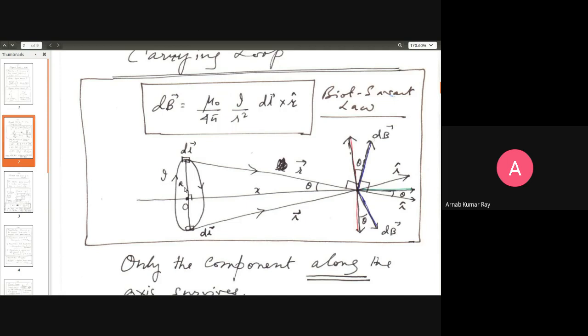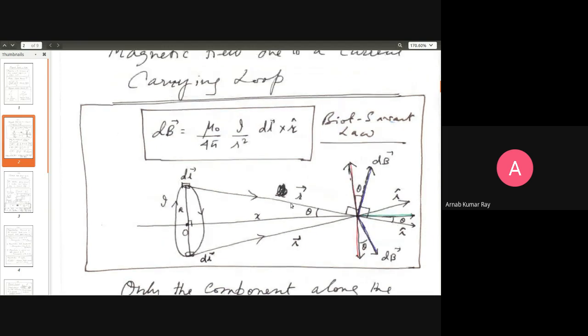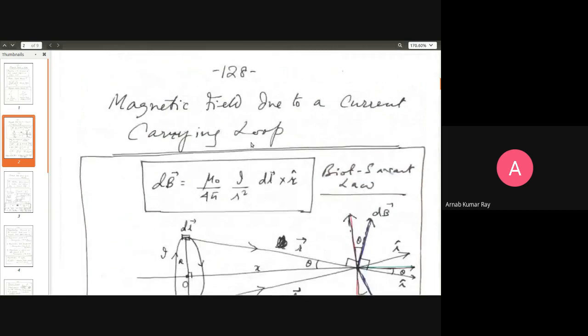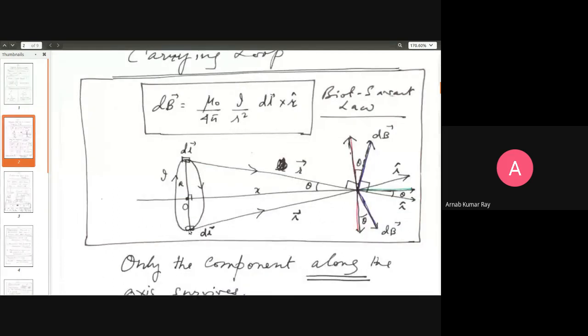Now here, dl is going inside the plane of the paper, and this is the vector r, which will give you the direction of r cap.